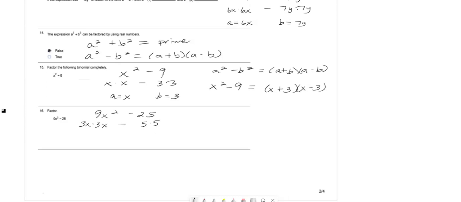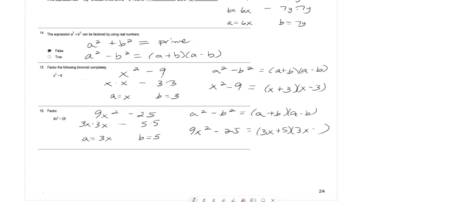We have the difference between those two squares. So we can use the difference of squares formula, a plus b times a minus b, where our a is 3x and our b is 5. So 9x squared minus 25, using the formula, will give us 3x plus 5 times 3x minus 5.